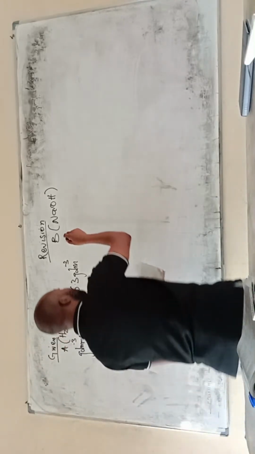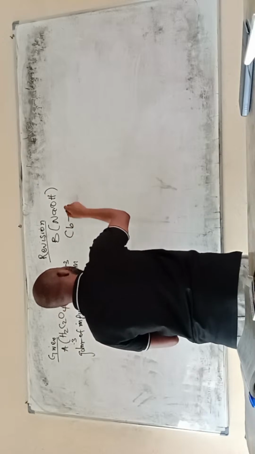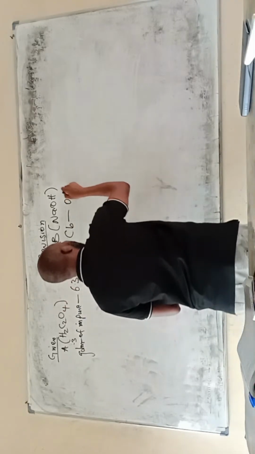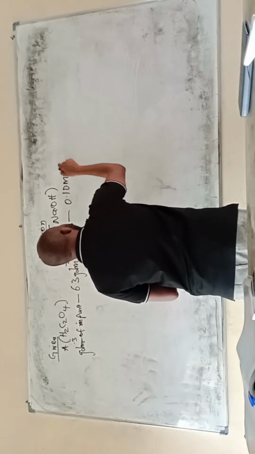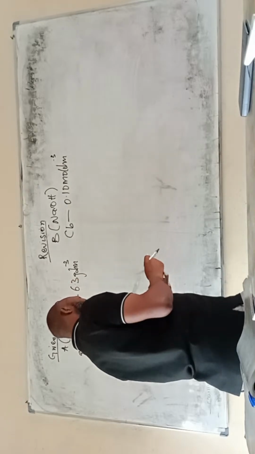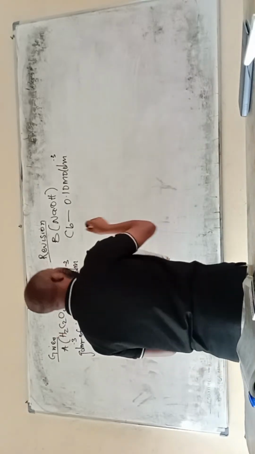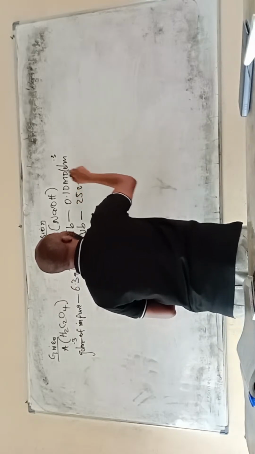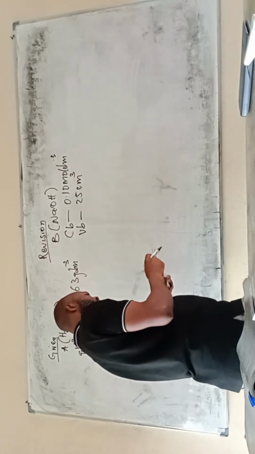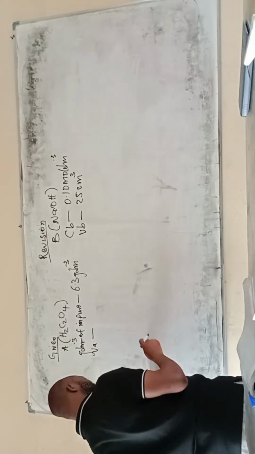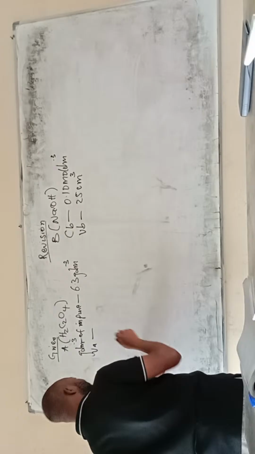B contains CB, concentration of the base, is 0.10. Now, if 25 of B, volume of the base is 25 cm³, gives us the volume of the acid, VA, is 20.57.